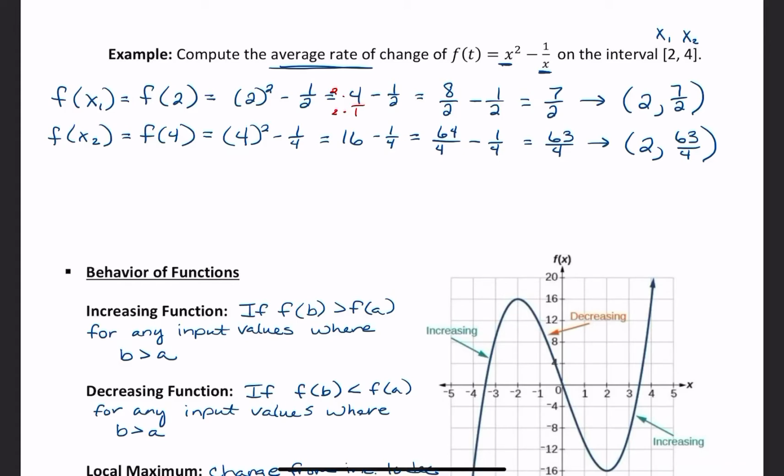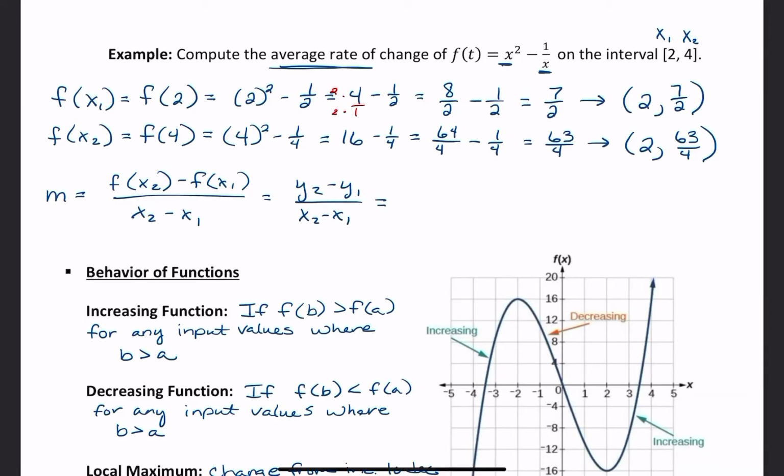So now that was a lot of work, but I haven't answered the question yet. I need to find the slope because I'm looking for the average rate of change. So I've got f of x2 minus f of x1 over x2 minus x1, which is the same as y2 minus y1 over x2 minus x1.